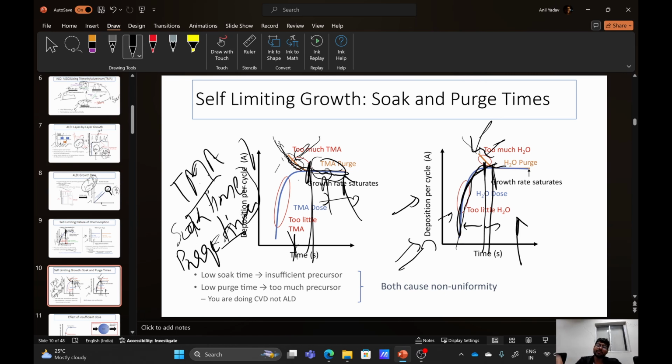In this one we give alternate cycles of the precursors. Otherwise, in this regime, there will be a non-uniformity over the wafer, and that is the thing we do not want.